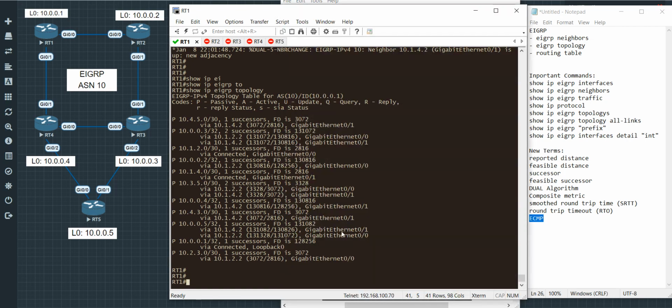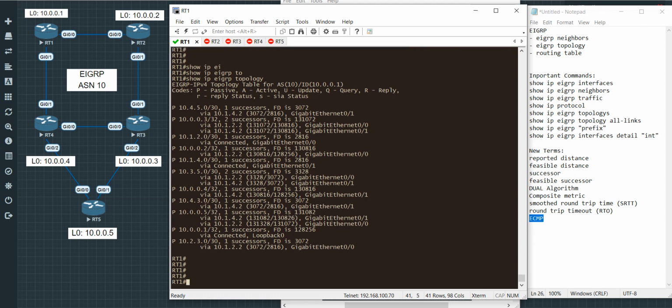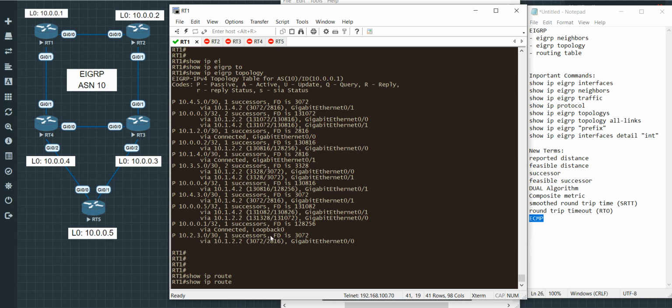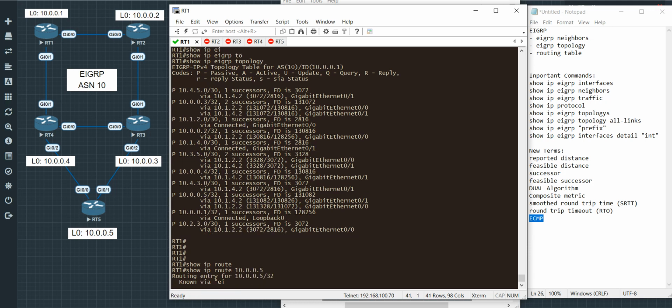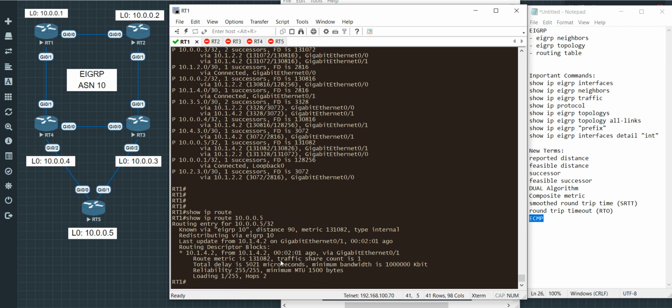Now, just because it's in the topology table doesn't necessarily mean that it's inserted into the routing table. So if we go back to the routing table and we search for this particular route, we still only have one route. But EIGRP now has in this topology table a successor and a feasible successor.